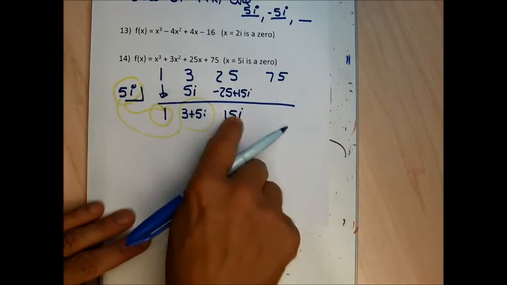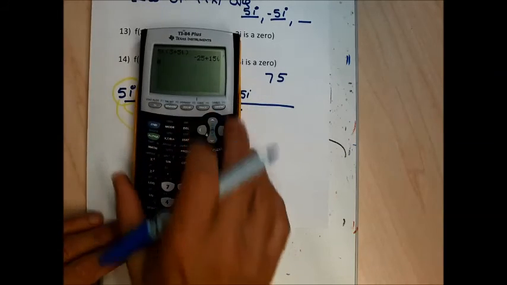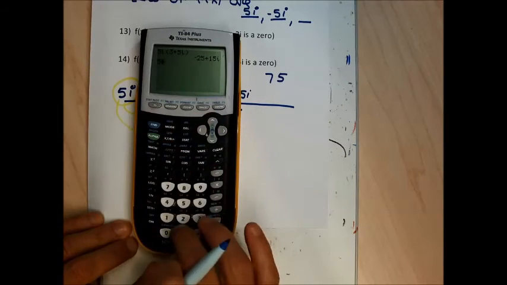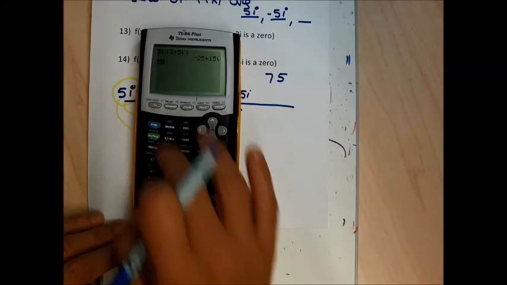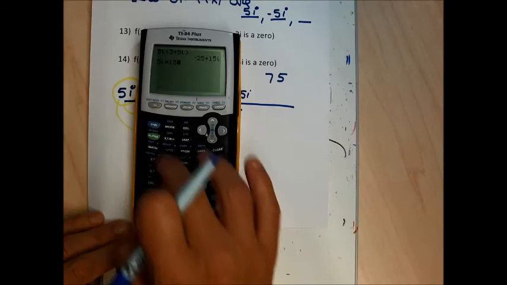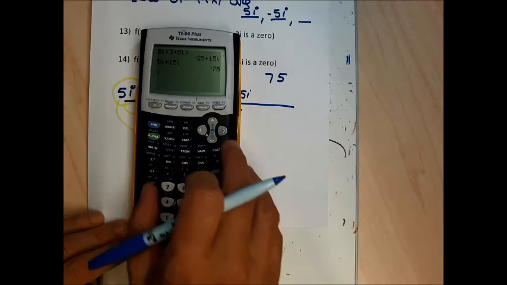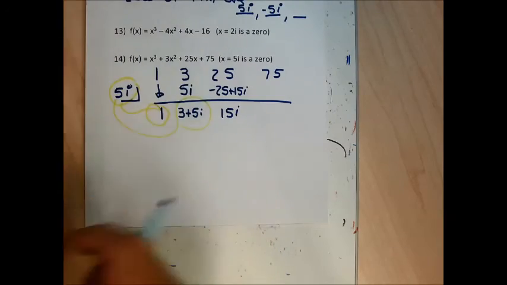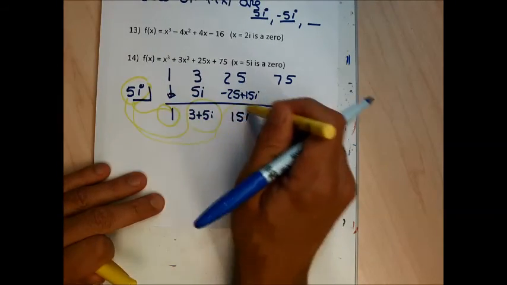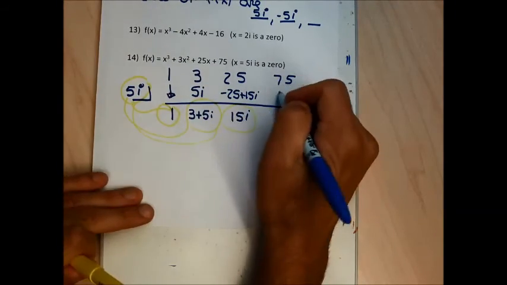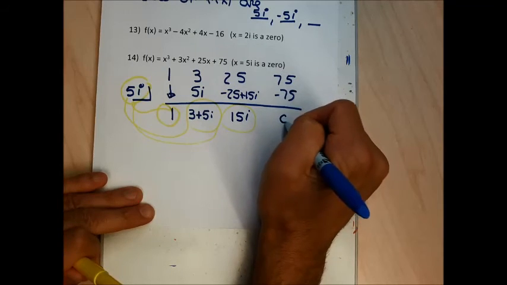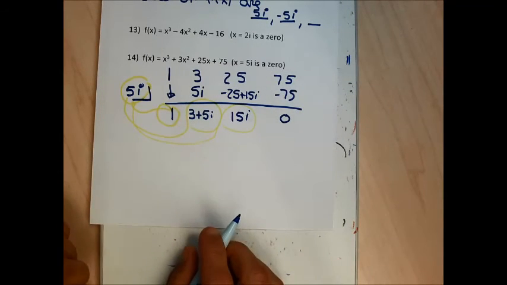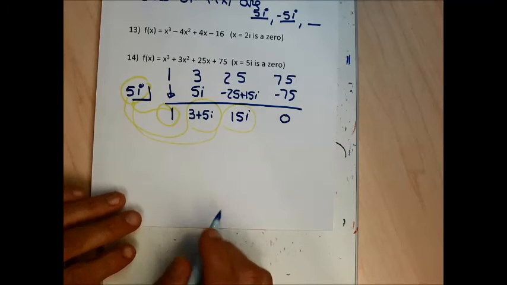And now I'm going to go 5i times 15i, and I get negative 75. So this multiplication of 5i times 15i gives me minus 75. That gives me a remainder of 0. Done with the first level of my synthetic division.